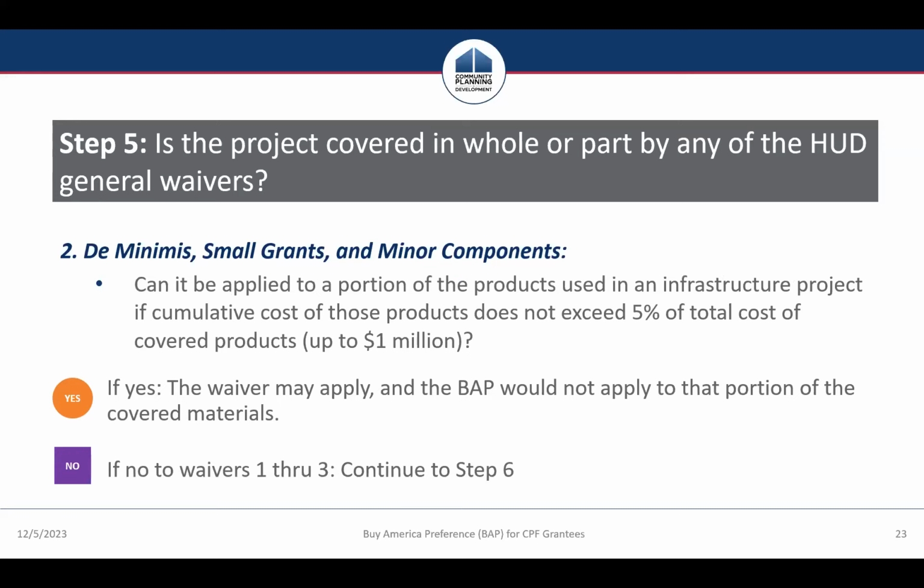The second part of this waiver is that it can be applied to a portion of products used in an infrastructure project if the cumulative cost of those products doesn't exceed 5% of the total cost of the covered products.